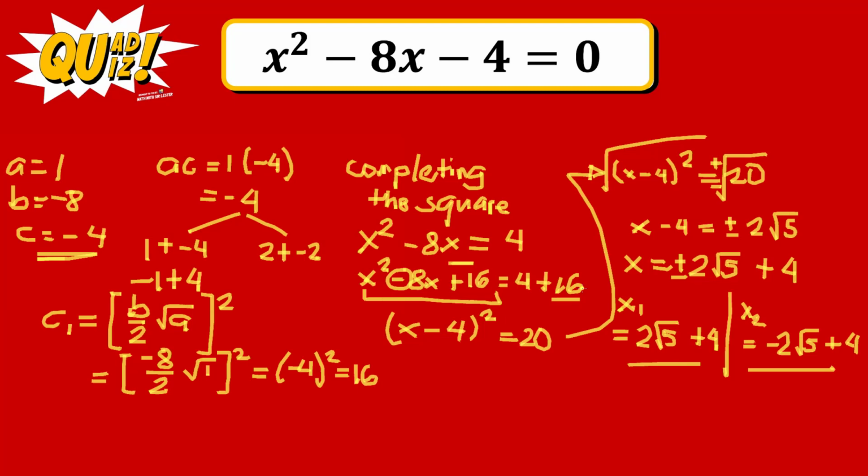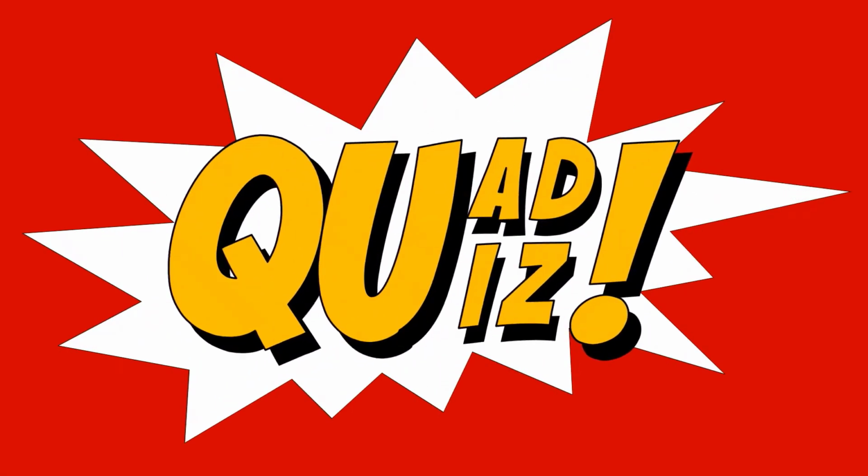Then from the perfect square trinomial, you have the square of a binomial, and since you have square roots on both sides, you proceed further, considering the correct operations and the correct simplified form of the radical expression. So it's a little bit longer, but this is the discussion for this QuadQuiz.